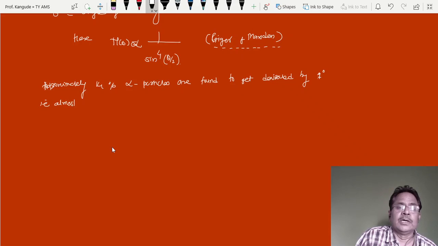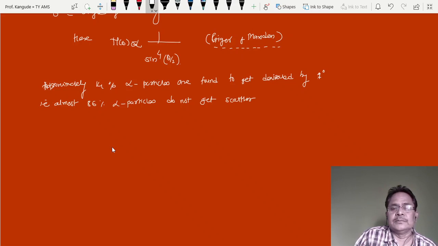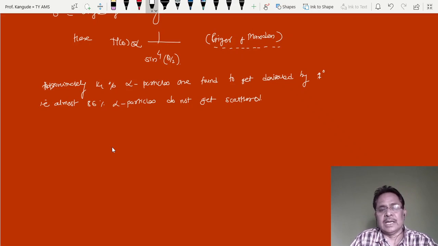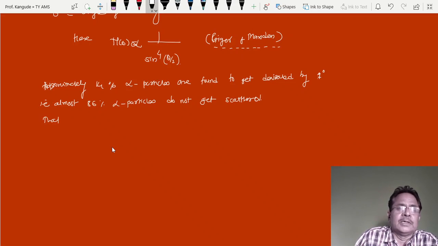Almost 86% alpha particles do not get scattered, and that suggests that in an atom enough empty space is there.